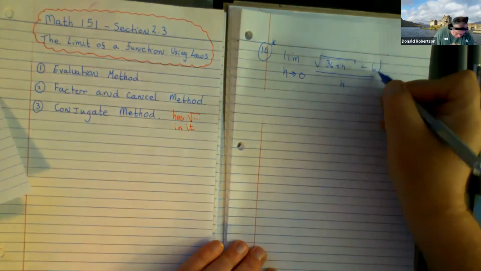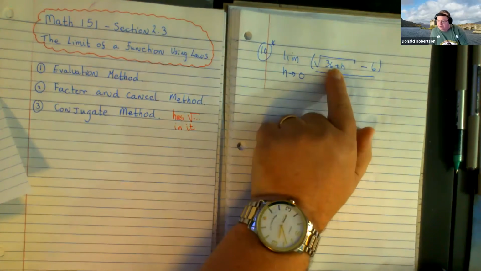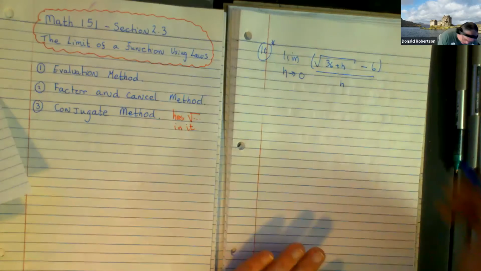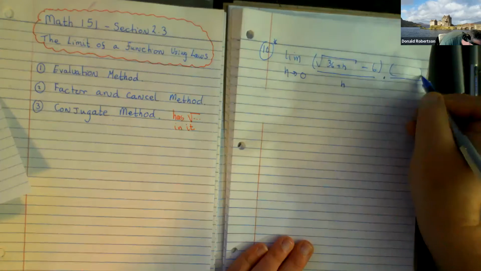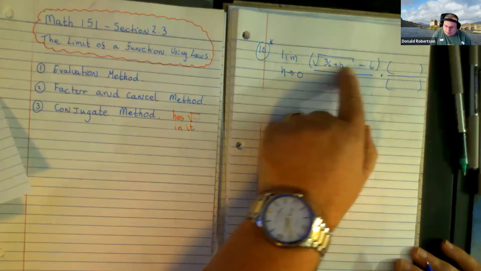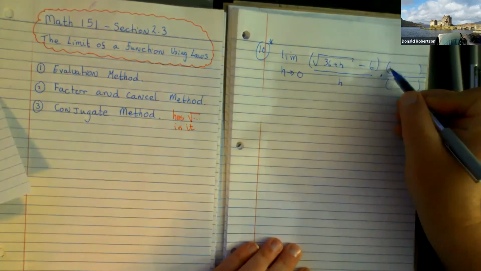Now, can you trust me that if I plug 0 in here, I'd get 0 over 0, right? So the indeterminate form. So I'm now going to multiply by the special version of 1. You look at the guy that's got the square root and you write the same two guys, but with a plus.